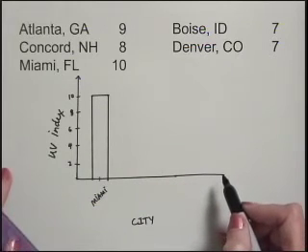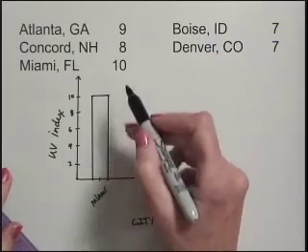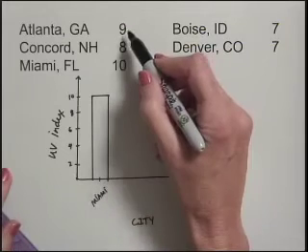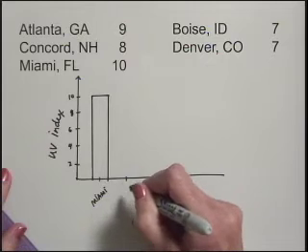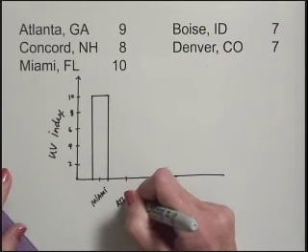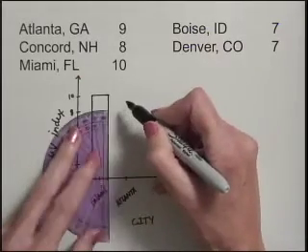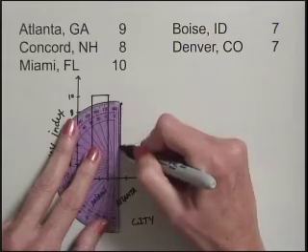Instead, it's qualitative data. And so we're now just going to pick up the city that had the next largest UV index, and that's Atlanta, Georgia, with a value of 9. I'm going to go ahead and just move over and put Atlanta. I'm going to go up to a value of 9.